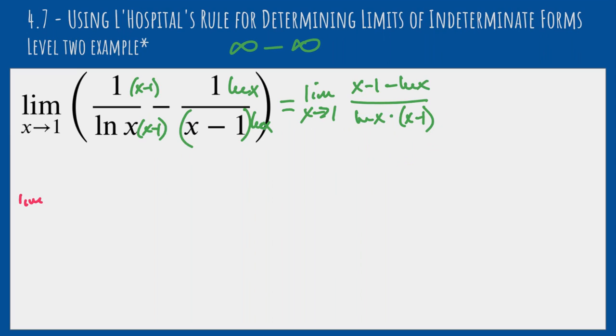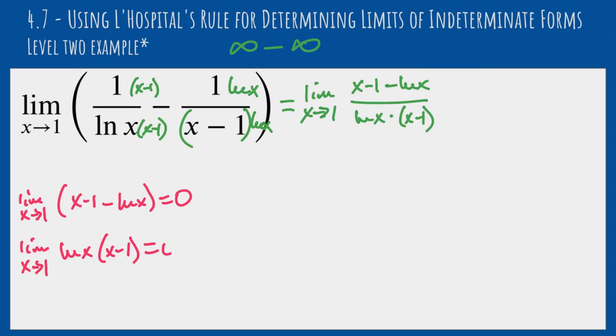So looking at each of those limits independently again, this numerator approaches 0. The denominator approaches 0. And so in this form, L'Hopital's rule is going to apply.